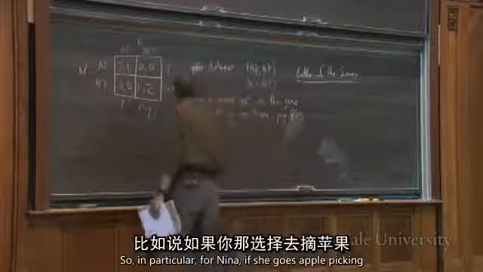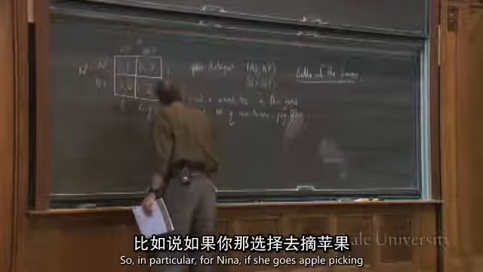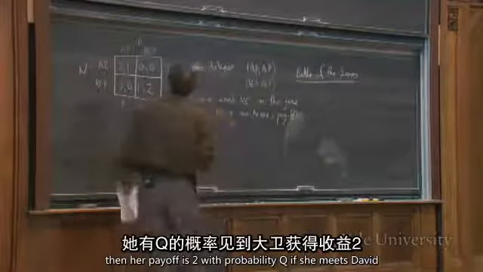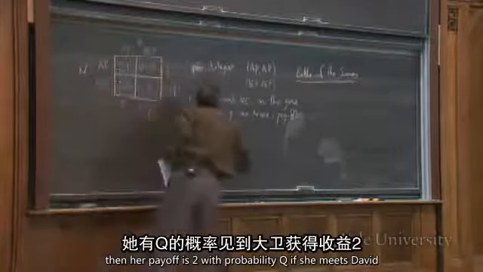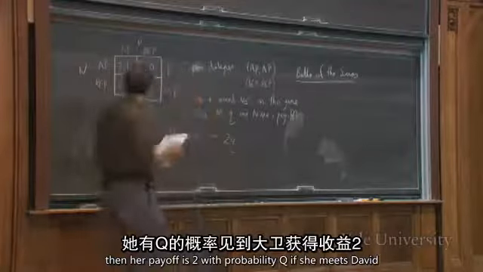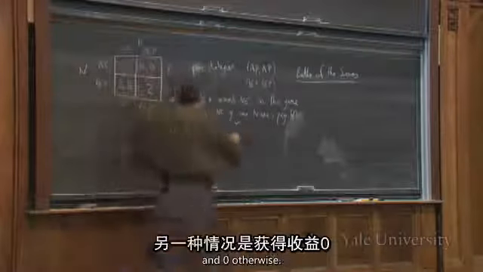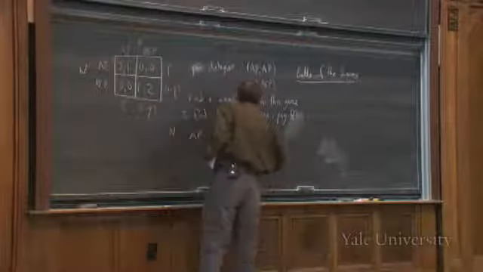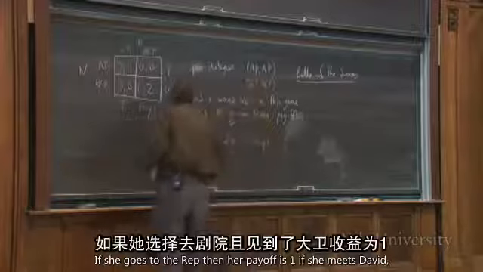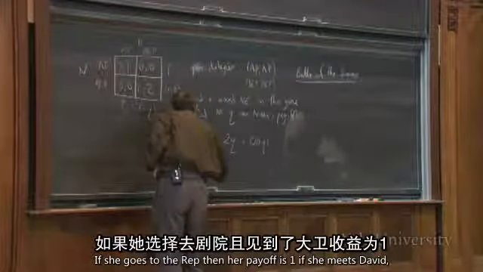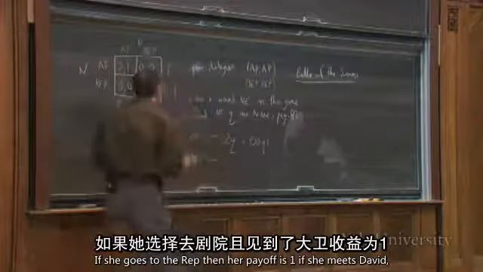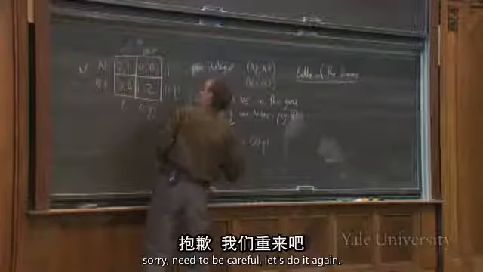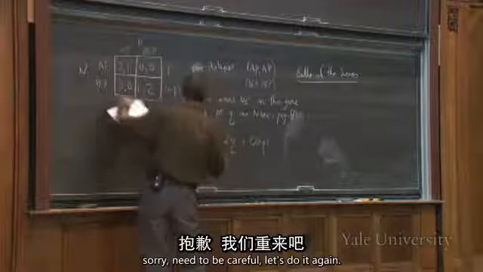All right, so in particular, for Nina, if she goes apple picking, then her payoff is 2 with probability Q, if she meets David, and 0 otherwise. Sorry, let's be careful.